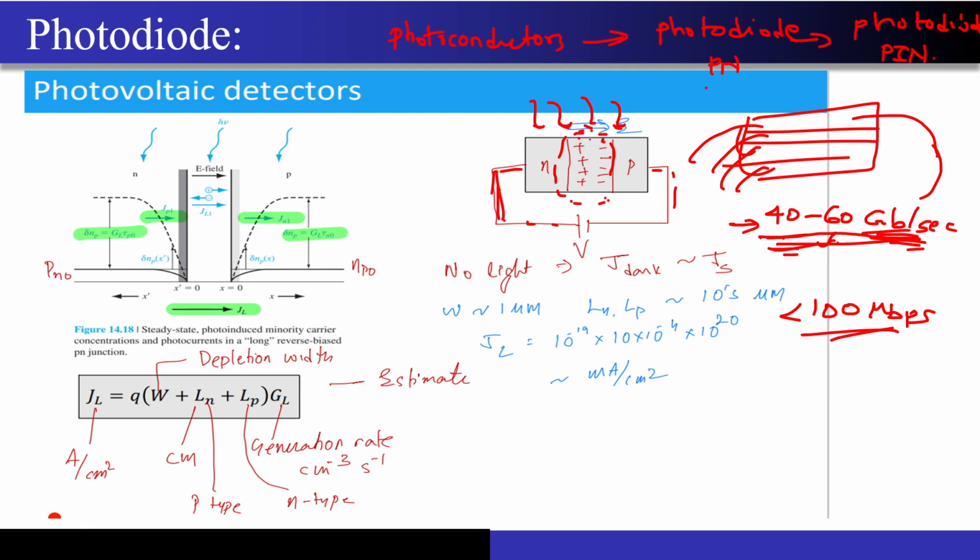So the electrons will move to the n side, the holes will move to the other side, and you will get a current because of the PN junction in reverse bias. When the photons shine over here, you will get electron hole pairs. Because of the strong electric field, those electron hole pairs will move in different directions, and that will constitute a current, correct.